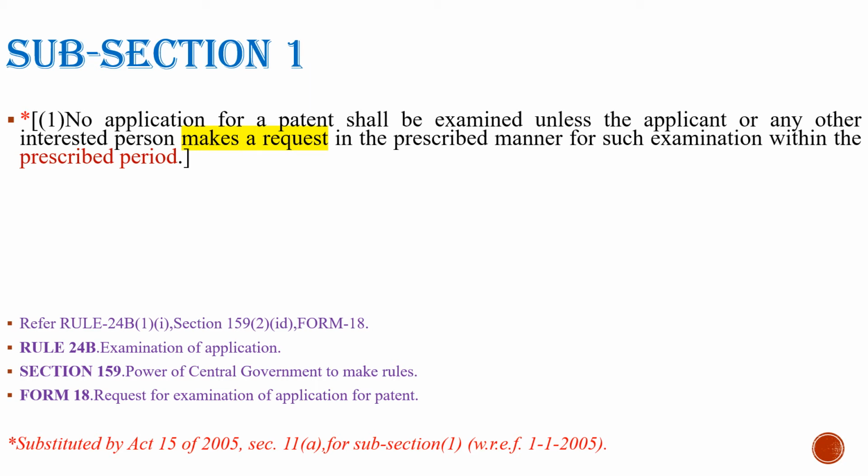And the request is done in form 18, where the title for form 18 is, we know, request for examination of application for patent. The statement is started in a negative approach, but I have started the explanation in a positive approach, stating the same meaning. I hope it is clear now. Let us proceed.